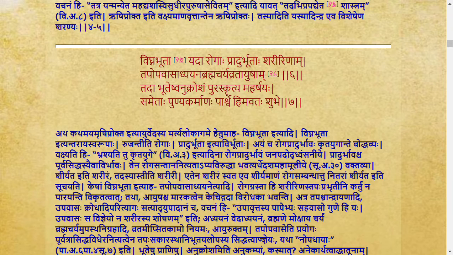So the different diseases become an obstacle for performing daily life activities, quoted as tapa, upavasa, adhyayana, etc. Because of that, moving to the next shloka, shloka number 7, I quote: tada bhuteshu anukrosham puraskritya maharshayah sametaha punyakarmanaha parshve himavatah shubhe. For getting rid of the different diseases, the acharyas assembled in a place, explained as himavatah shubhe, the best place.